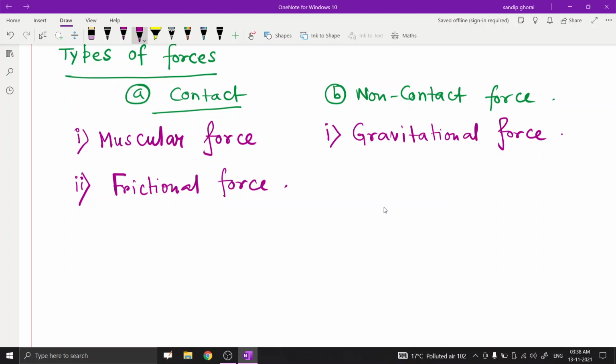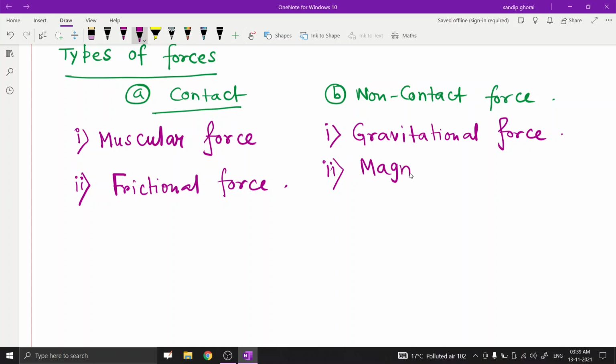In this type of force, the force acts between any two bodies which have mass. In general, in our universe, gravitational force acts between two bodies having masses. And the next one is magnetic force.